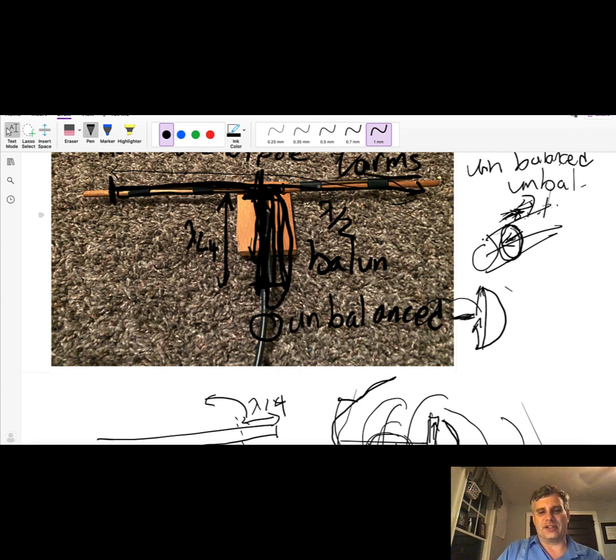You'll also notice that there's some black tape here, and there's also some wood here and a wood dowel here. These are things that are essentially invisible to RF. When they're electromagnetically small, they don't even influence the propagation much or the antenna performance, and they're used just for mechanical stabilization.